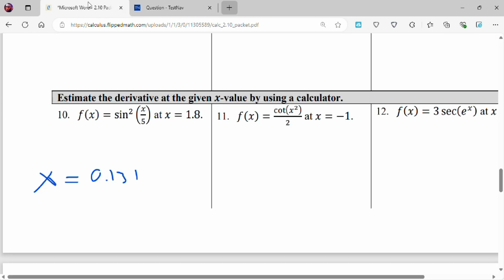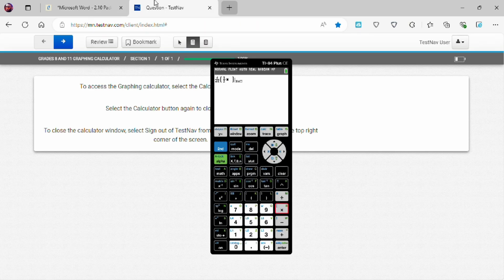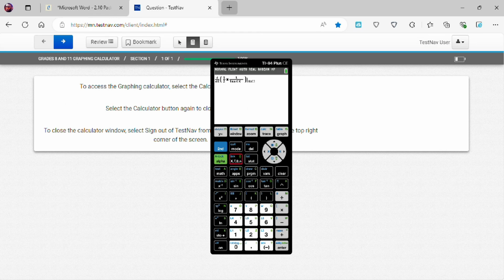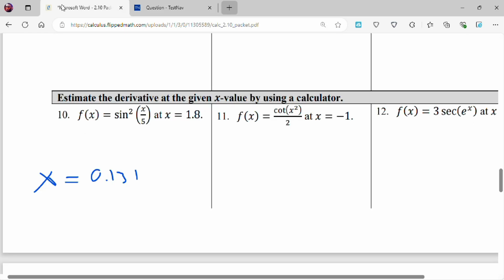Cotangent is just 1 over tan. So I'm going to do 1 over tangent of x squared, and this is going to be evaluated at -1. So our answer is 1.412.